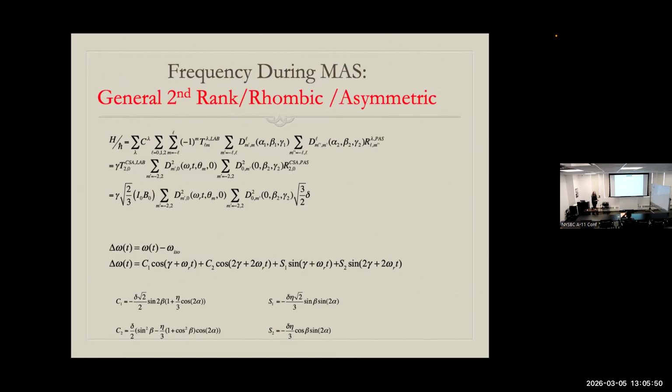All right, so here's where we landed. We had this general expression of how to move from one frame to another, PAS to the lab through 2 rotations. As we truncated ourselves in both source and target frame, we only had to sum over 1 m, which I designated m prime for the intermediate rotor fixed frame.